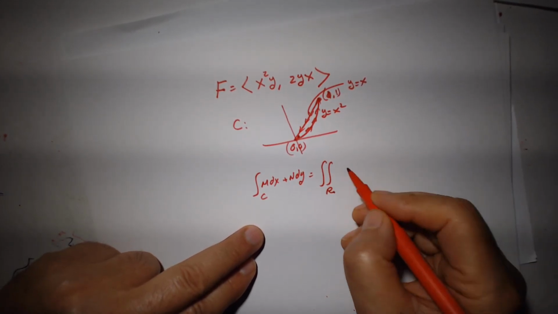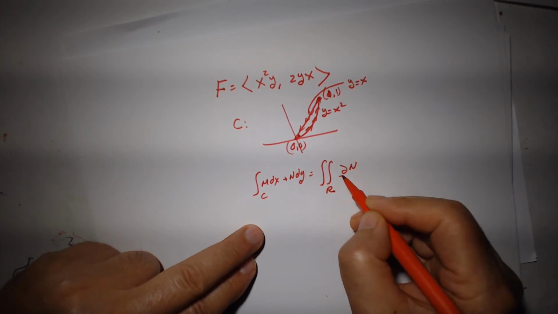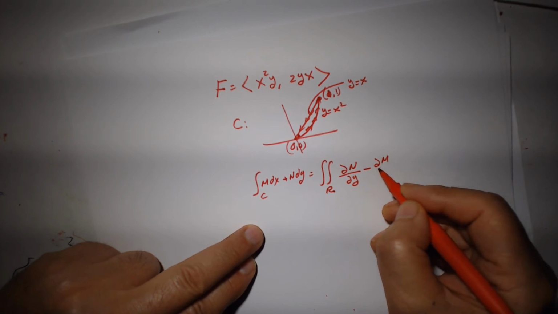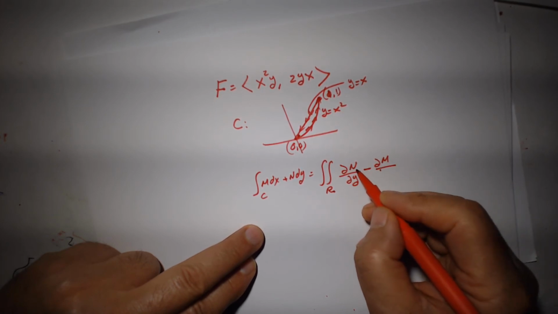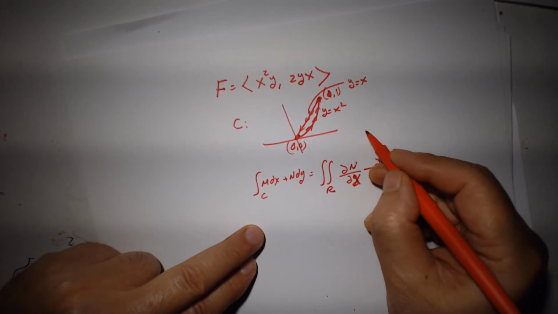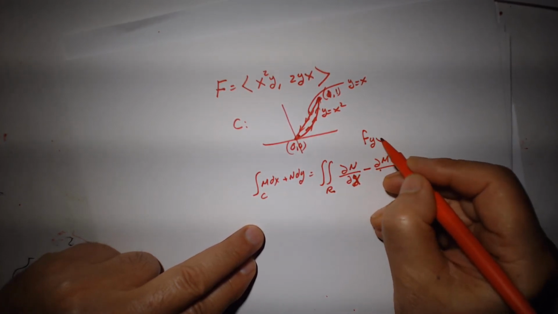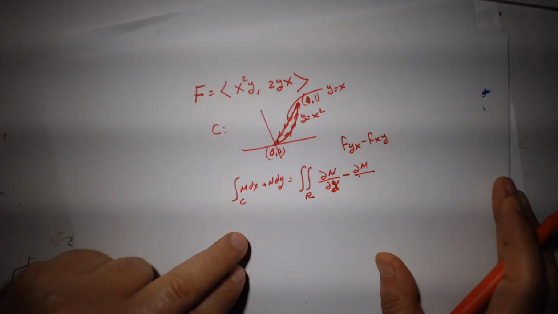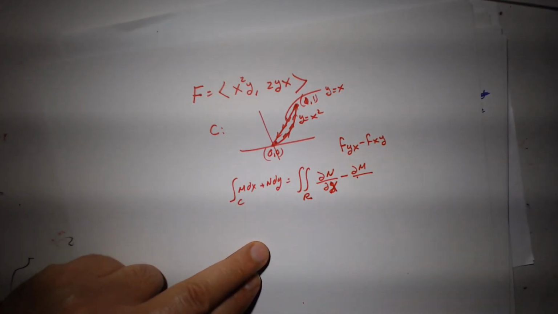But remember, the partial derivative of N was with respect to x, and M with respect to y, because this is nothing except f of yx minus f of xy. If you want to really know it, it's just the second-order derivatives right there.